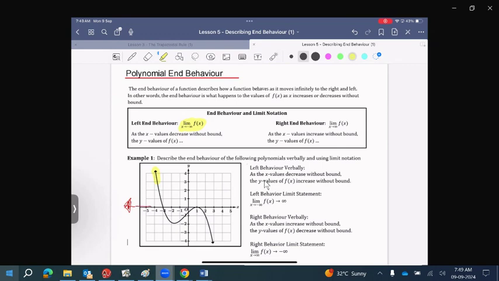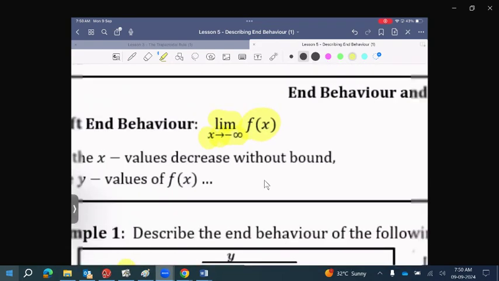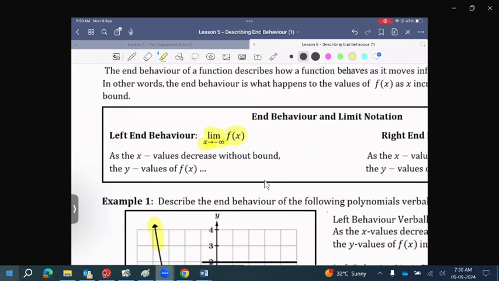We say the limit as x approaches negative infinity of f of x, and then we can say what happens. So in words, that means as the x values decrease without bound, the y values of f of x do whatever.